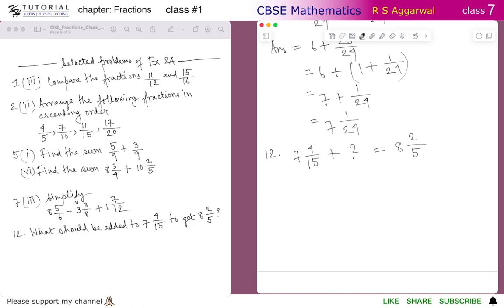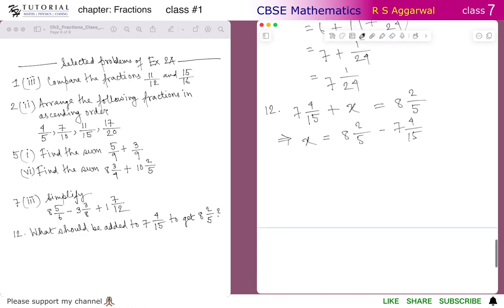So instead of this question mark, let's say the number that should be added to 7 and 4 by 15 is x. We can clearly say that x will be 8 and 2 by 5 minus 7 and 4 by 15. Now we have to do this subtraction.